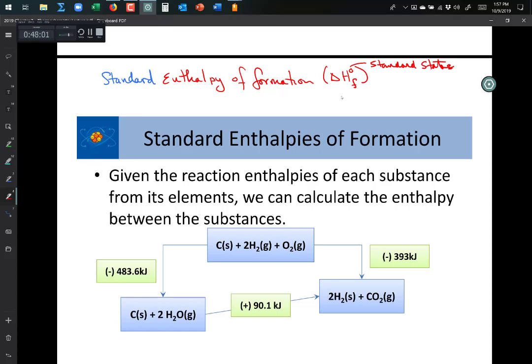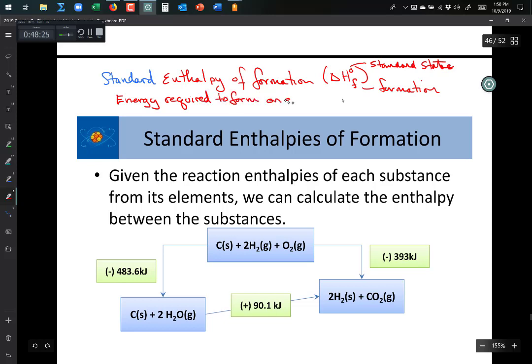They have a whole different standard state. F is for formation. And the standard enthalpy of formation is the energy required to form 1 mole of a substance from its reference forms.